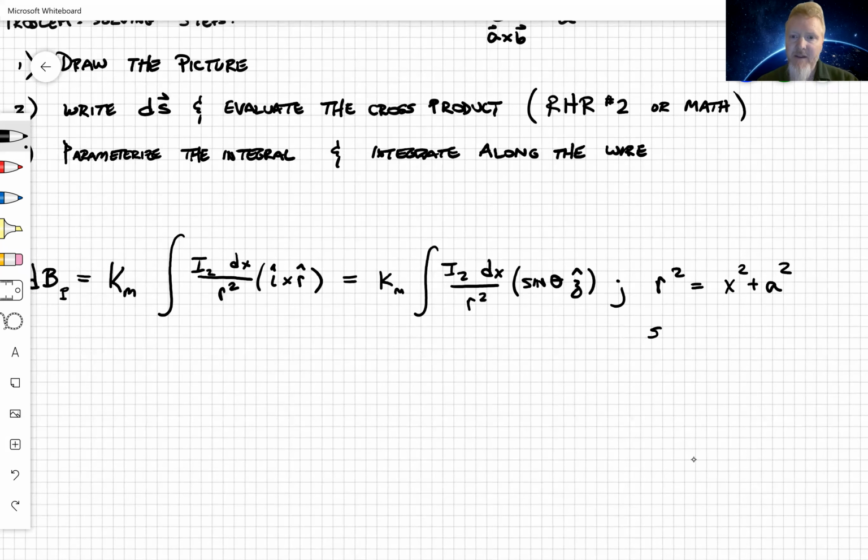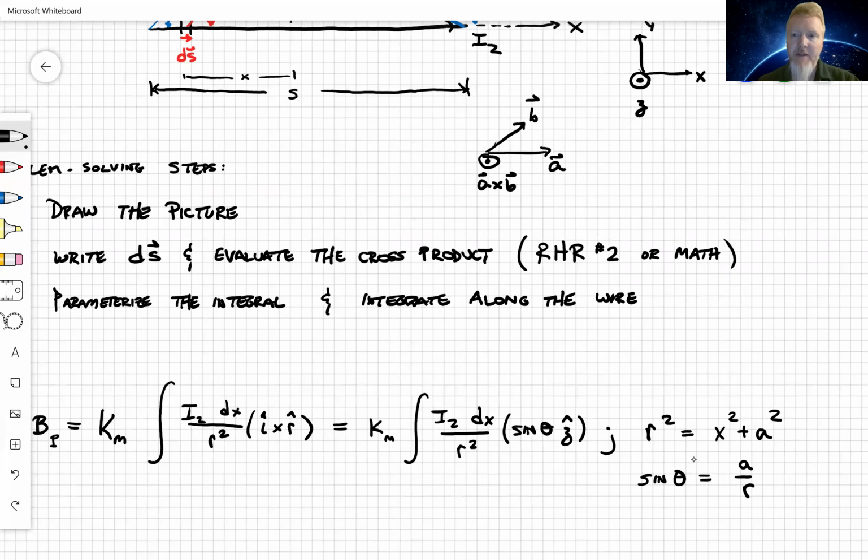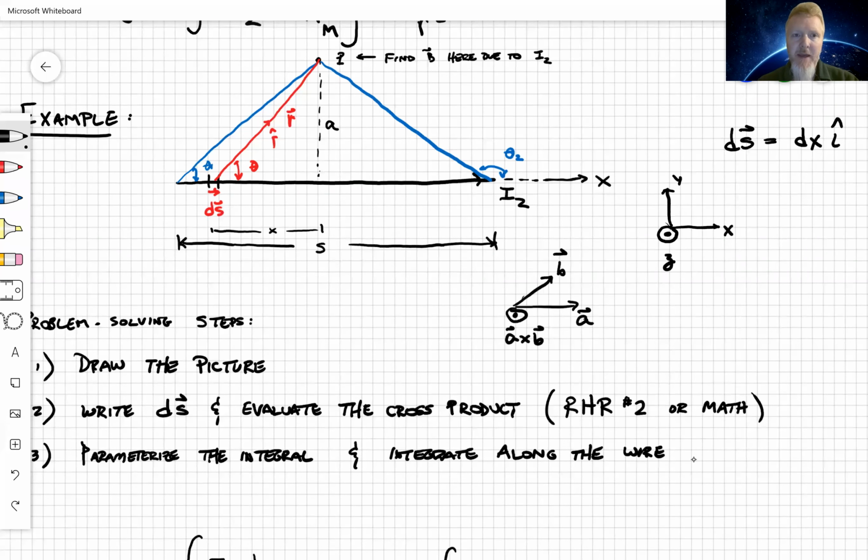And the sine of theta is going to be a over r. If you look back at the picture, my angle theta there, I'm picking out the opposite. So that's going to be a over r.